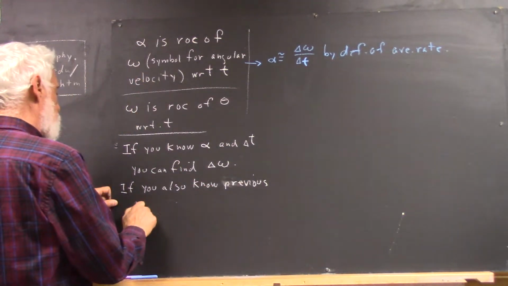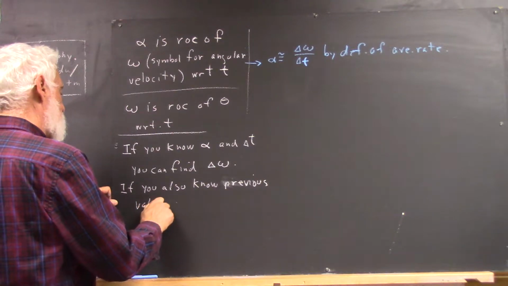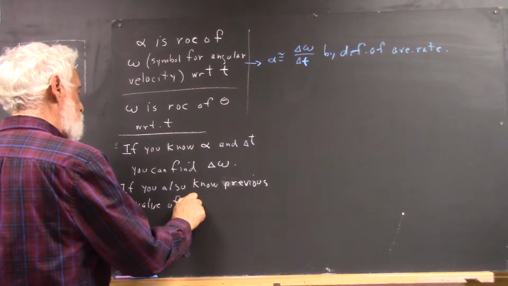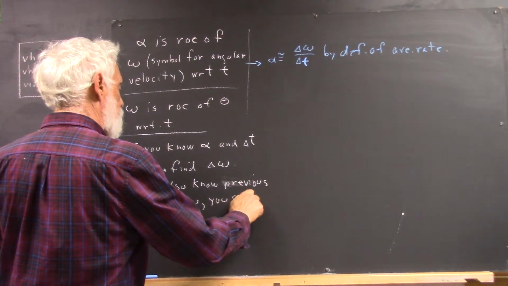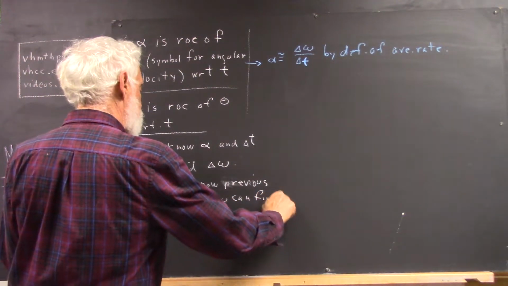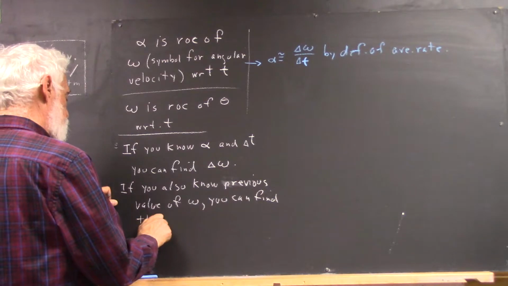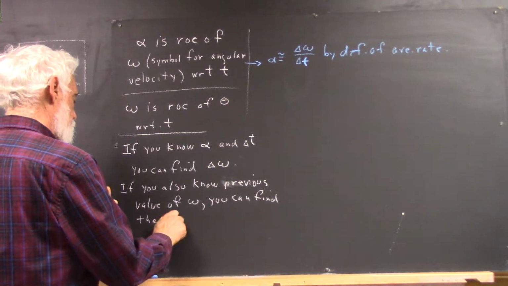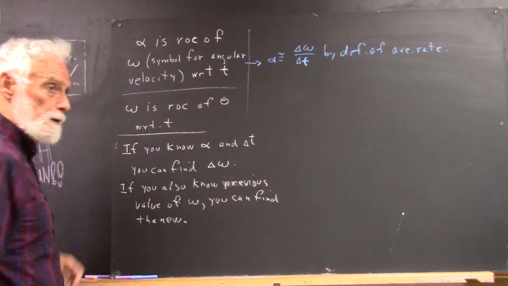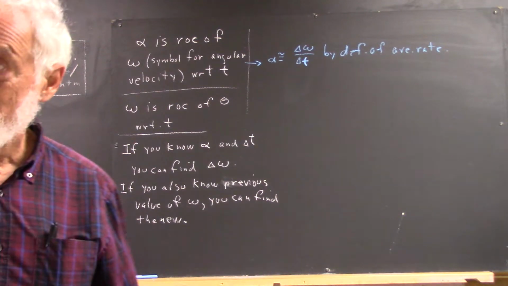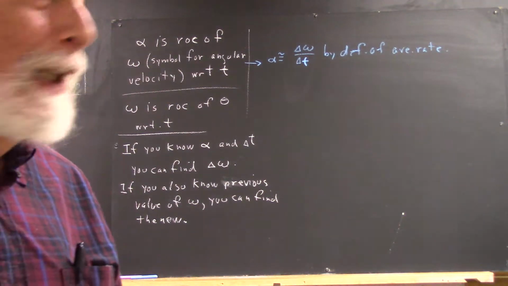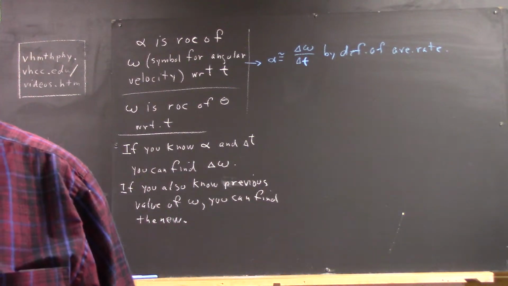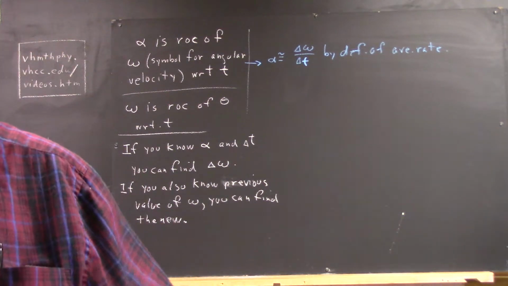If you also know the previous value of omega, you can find the new value. If you know omega and you know how much omega changes, how do you take the value of omega and the change in omega to get the new value?